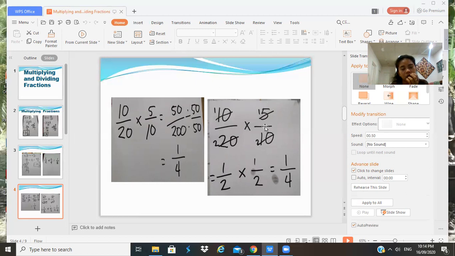Then 5 over 10. 5 divided by 5 is 1, and 10 divided by 5 is 2. Whatever you divide in the numerator, you divide the same in the denominator. So what remains in the numerators is 1 and 1, and in the denominators is 2 and 2.